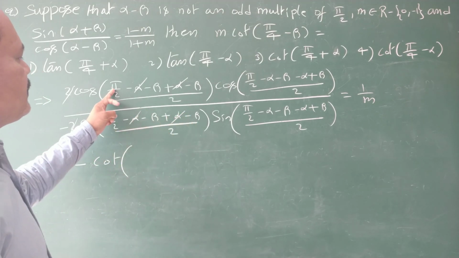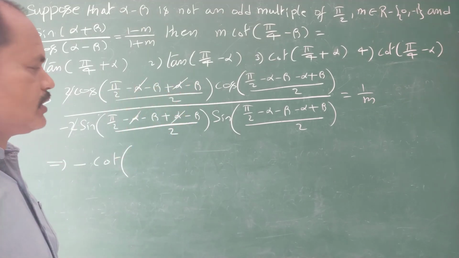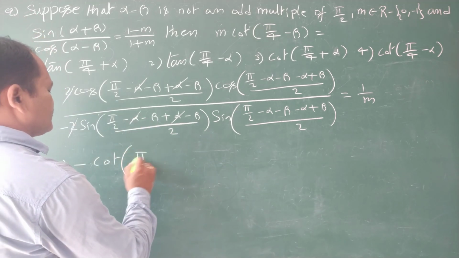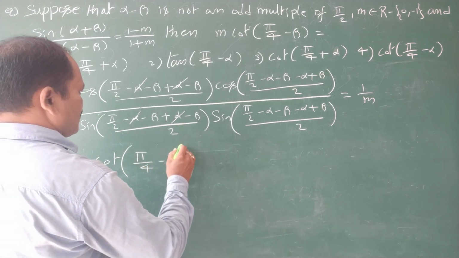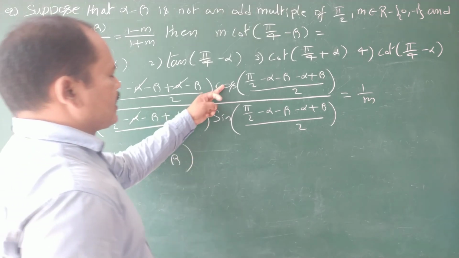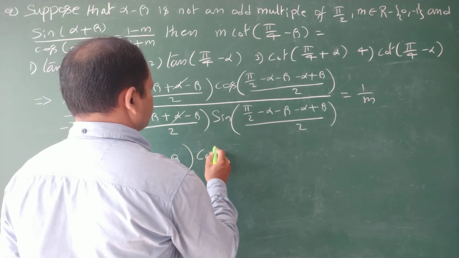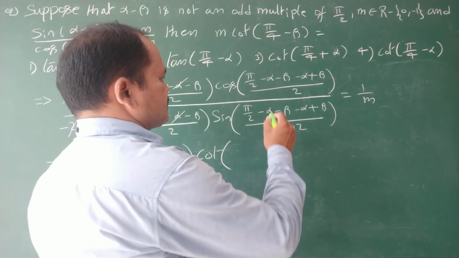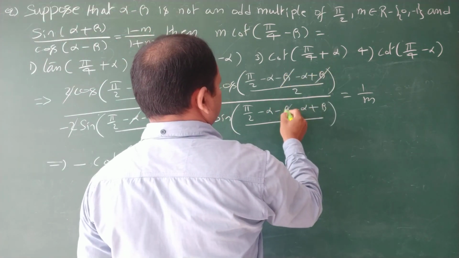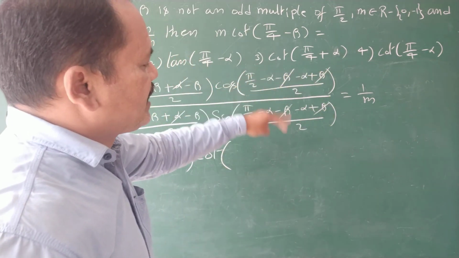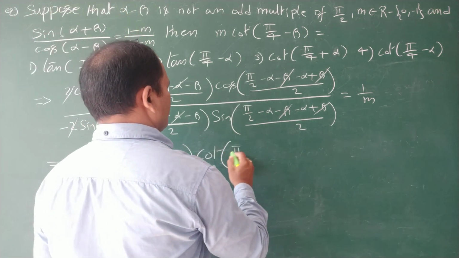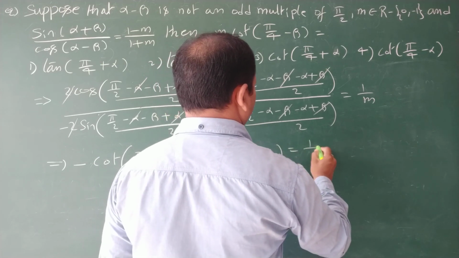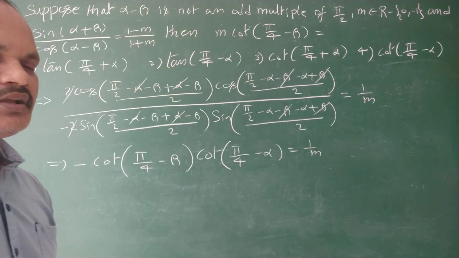That's why pi by 2 minus 2 beta by 2 is nothing but pi by 4 minus beta. Again here also cos by sin is cot. Here beta gets cancelled in both numerator and denominator. That's why pi by 2 minus 2 alpha by 2, that is pi by 4 minus alpha, is 1 by m. That's all.